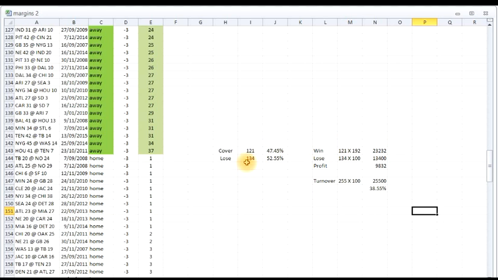We would have lost 134 times by 100, so we would have lost $13,400, for a profit of $9,832. So you would have turned your bankroll over to the tune of $25,500 in that time. That's 255 bets at $100 a pop. The profit of $9,832 equates to a 38.55% return.